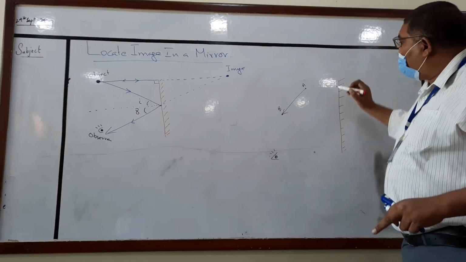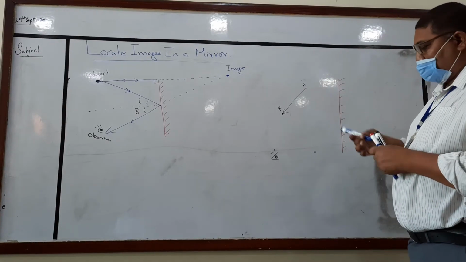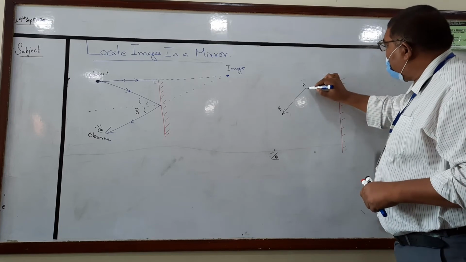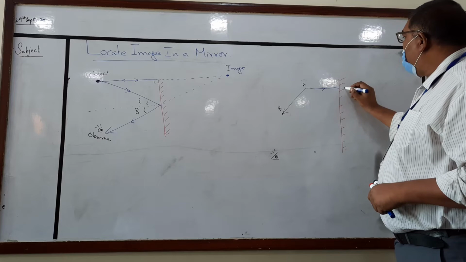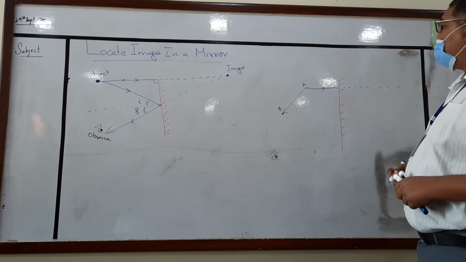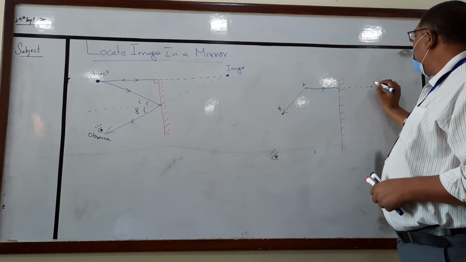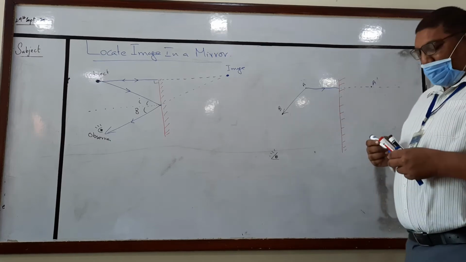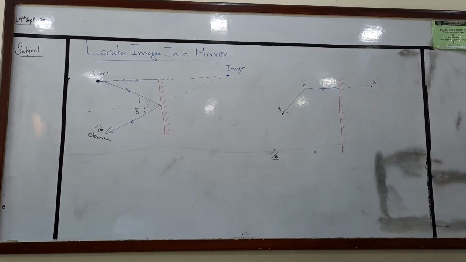Okay? So from here, bring a light ray which is perpendicular to the mirror. Okay? And prolong it behind the mirror. Check what is the distance. So mark it here. Because we know that the distance of the image from the mirror and the distance of the object from the mirror is equal to each other.